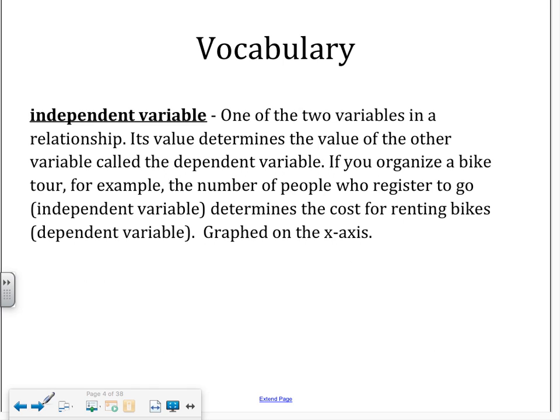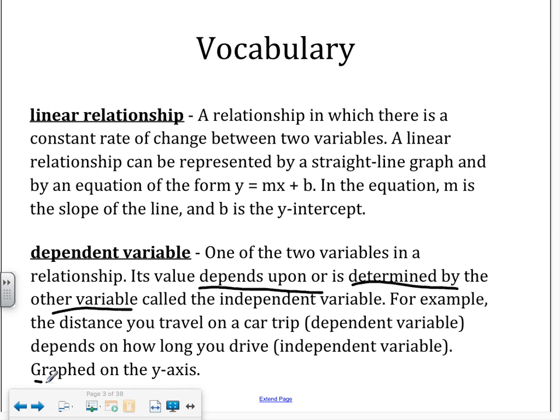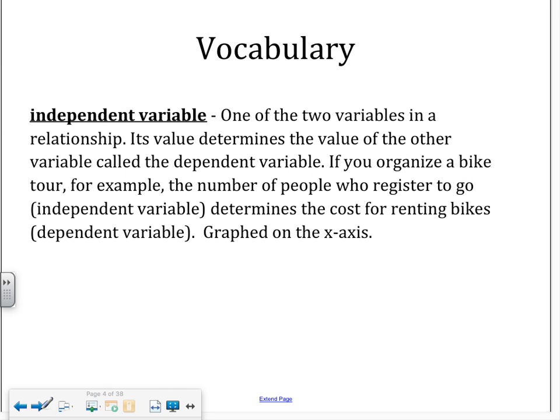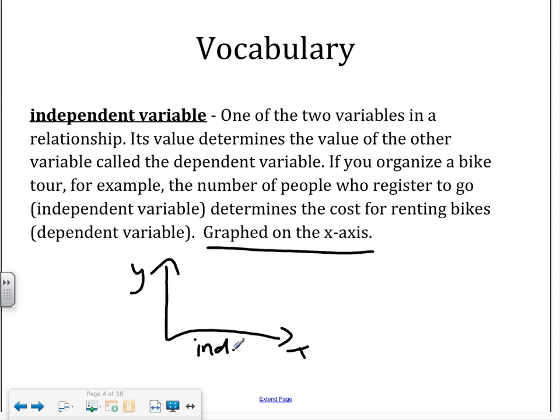Just remember that we graph the dependent variable on the y-axis. The independent variable determines the dependent variable, graphed on the x. So x, y, independent, dependent.